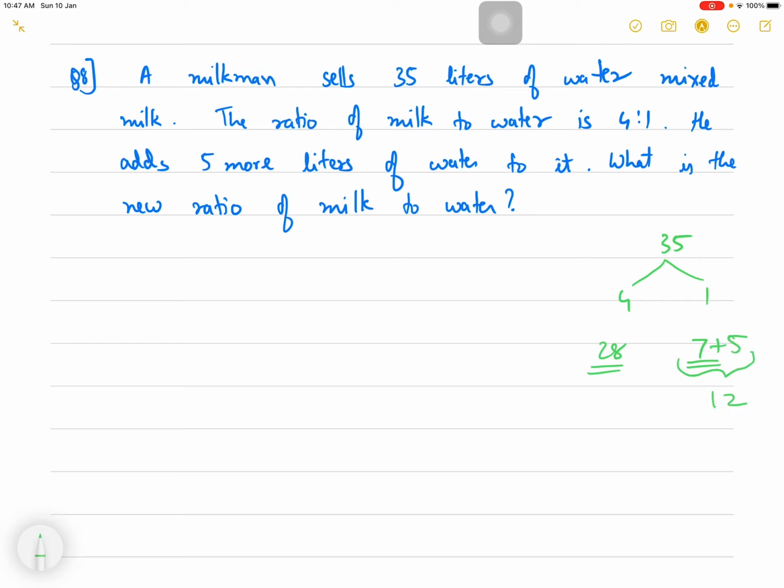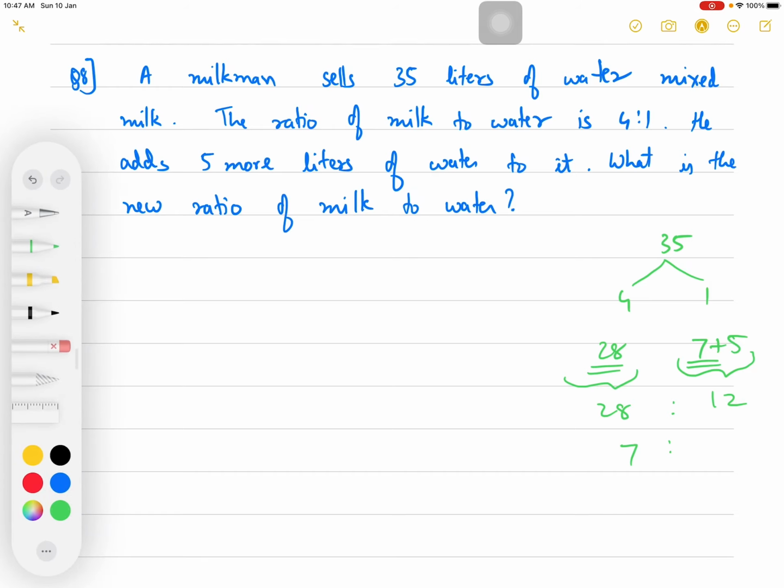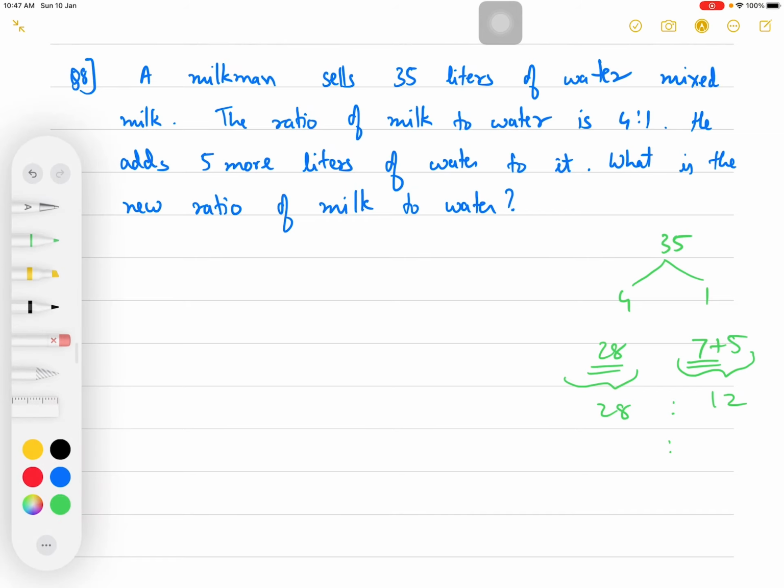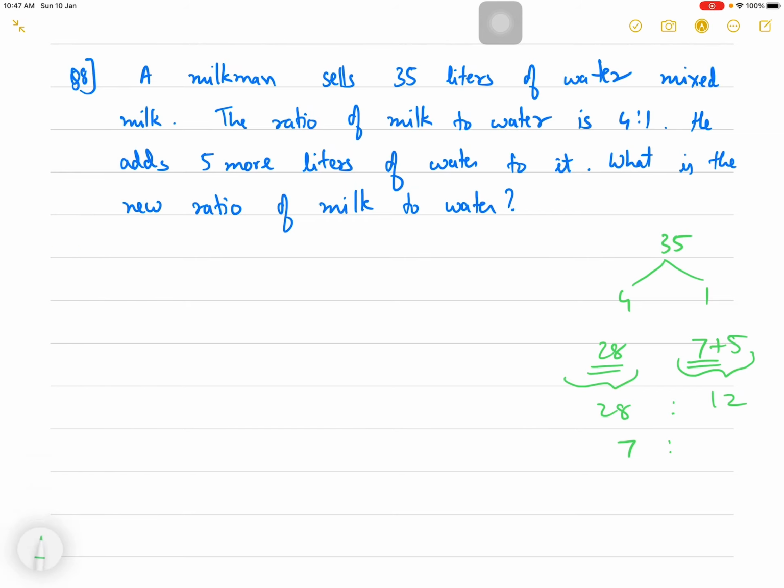So now 7 plus 5 has become 12, and this is 28 only. So now the ratio of milk and water has become 28:12, right? You can simplify it. 4 sevens are 28, right?